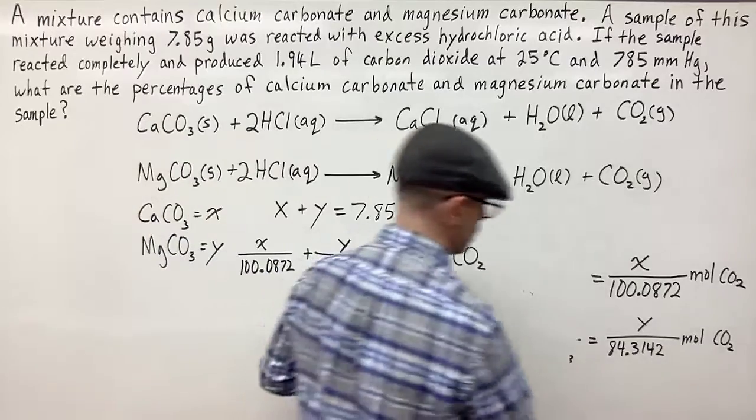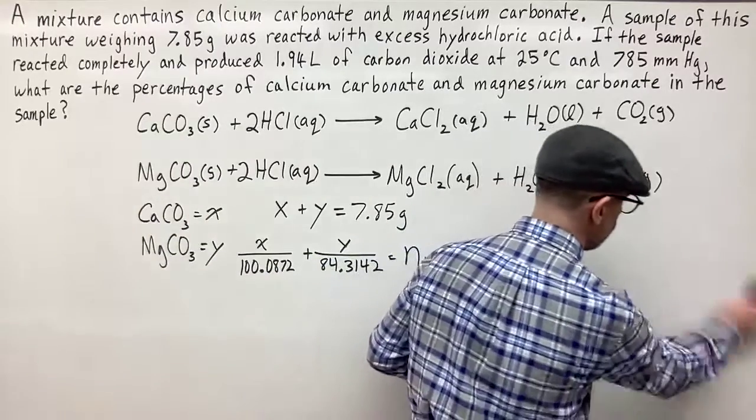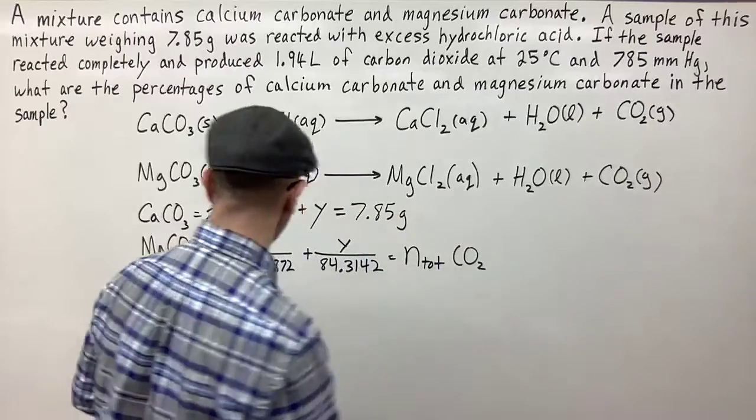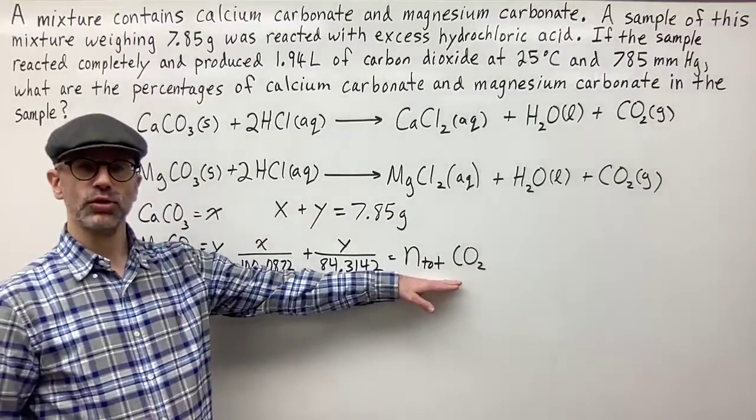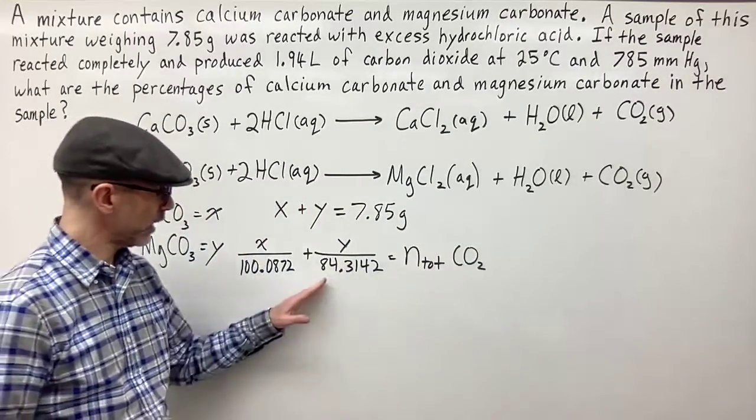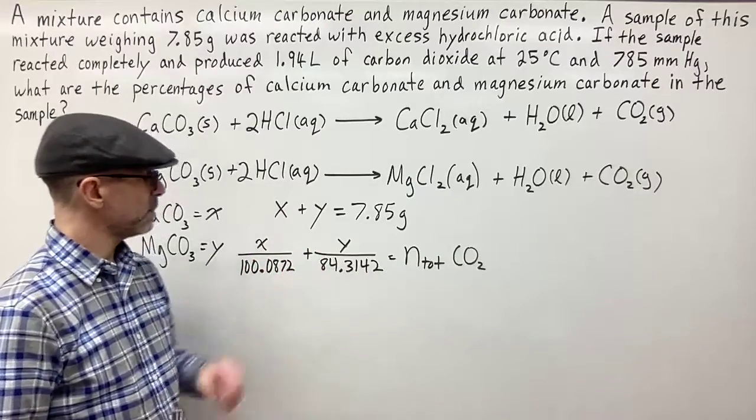So I'm going to erase this so that I don't need that anymore. So I have the total moles of carbon dioxide written in this equation here in terms of X and Y.